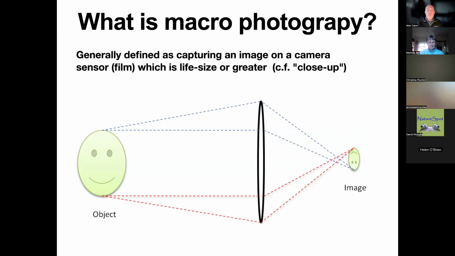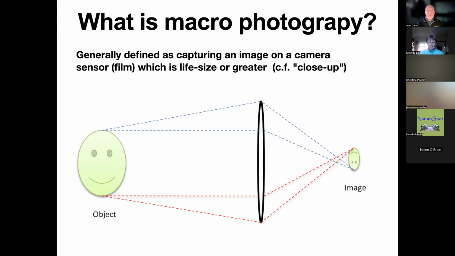That's to say a 1-to-1 ratio between the thing that you're photographing and the actual image that you're capturing. So we're not talking about what you see on a screen if you share a photograph. We're not talking about if you blow it up and make a huge poster out of it. We're talking about the image that's actually being formed inside the camera.